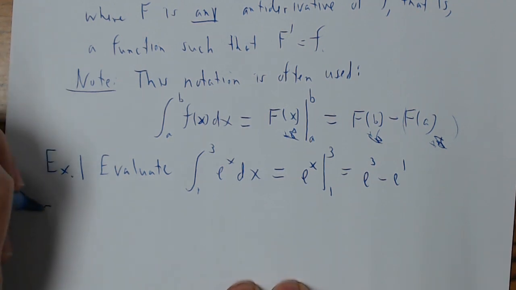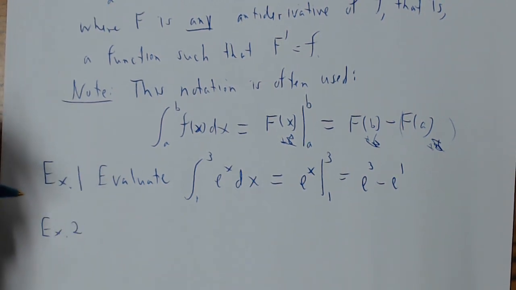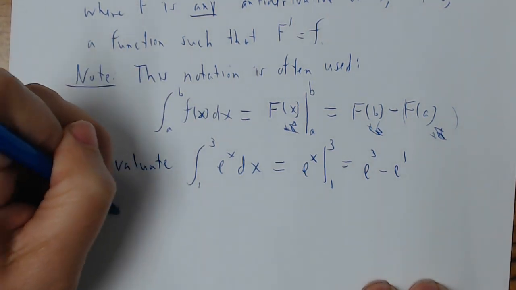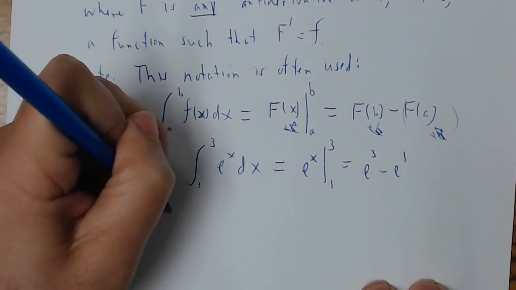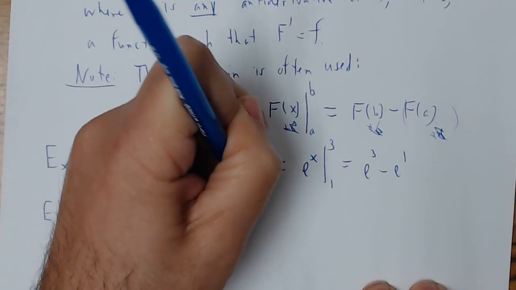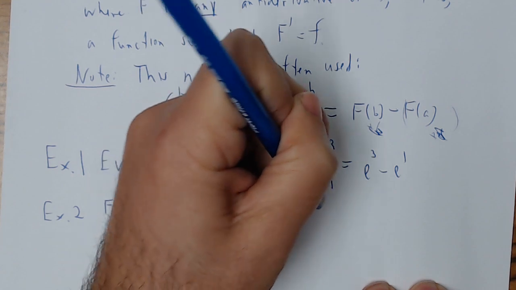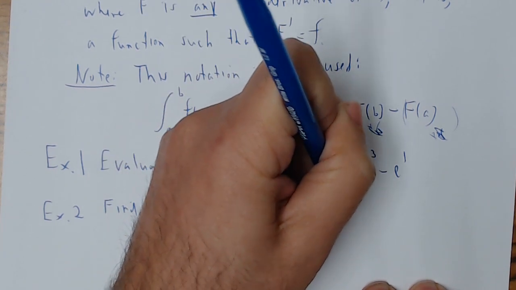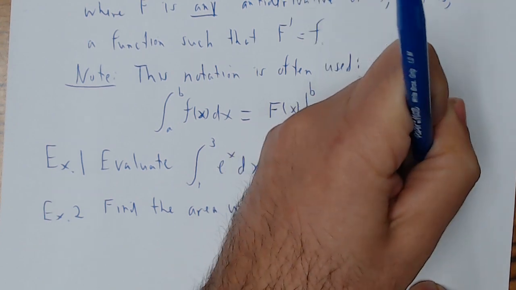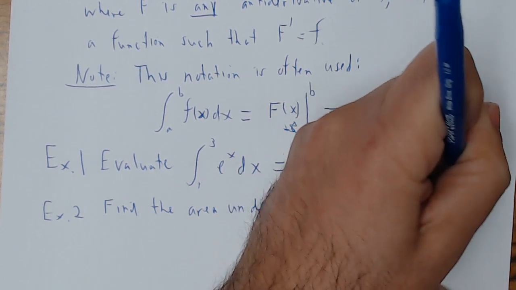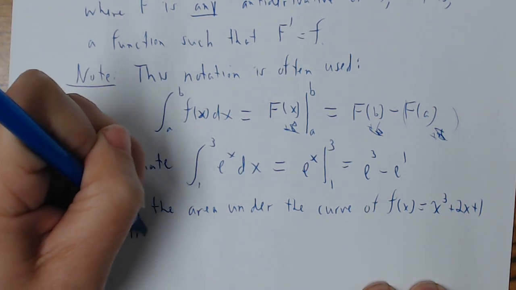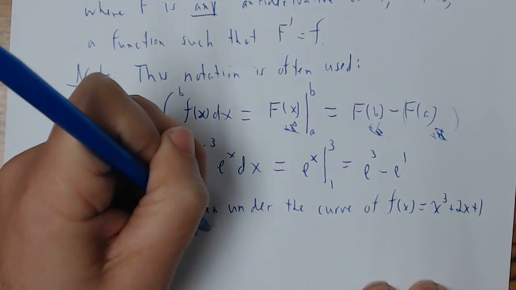Now, example 2, before we move on to FTC part 1, says find the area under the curve of f of x equals x cubed plus 2x plus 1 from 1 to 3.